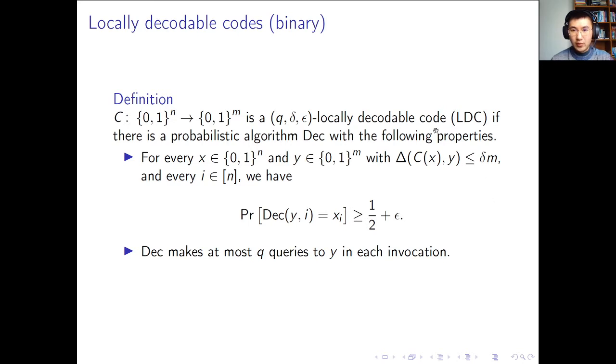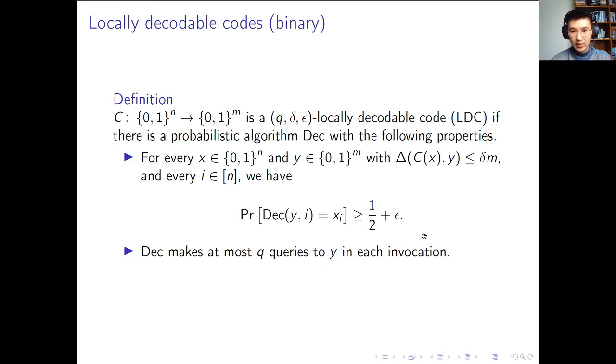And formally, we have the following definition. For locally decodable codes, we have three parameters: q, delta, and epsilon. This delta here corresponds to the amount of errors the code can correct, and epsilon corresponds to the success rate of the decoder, and q corresponds to the number of queries the decoder makes into the received string.